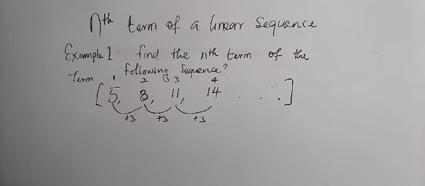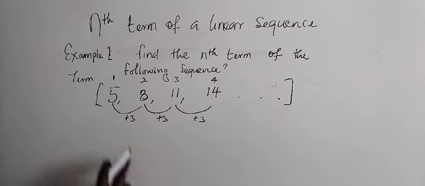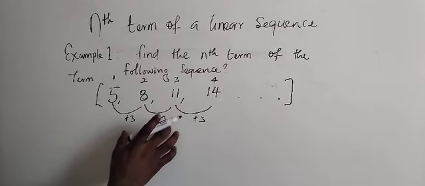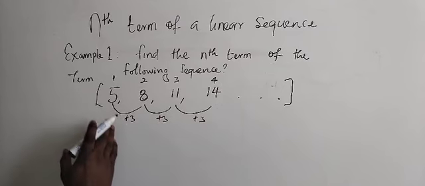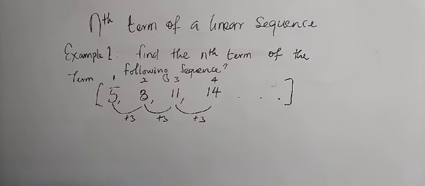This is a linear sequence. Why? Because the difference between the first and the second term is constant and is going up by 3.